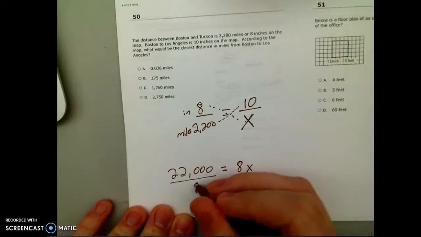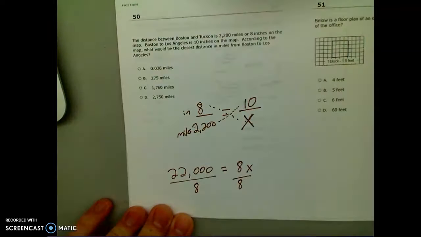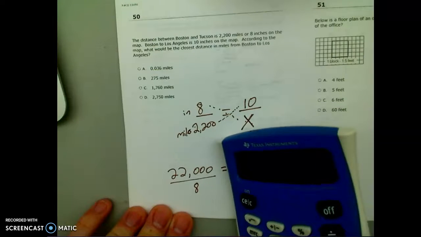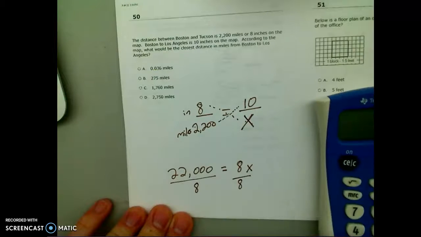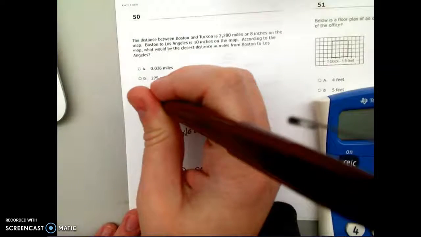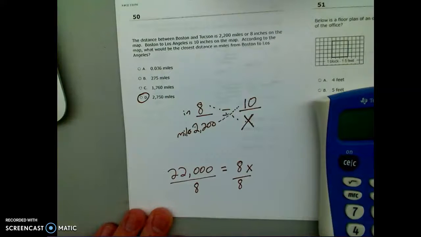I need to finish solving for my x variable. So I've got my calculator, and I'm going to do 22, 1, 2, 3 zeros, divided by 8. And I got 2,750. And yep, that's D. That's an option. Ta-da! Okay, try 51 and check back.